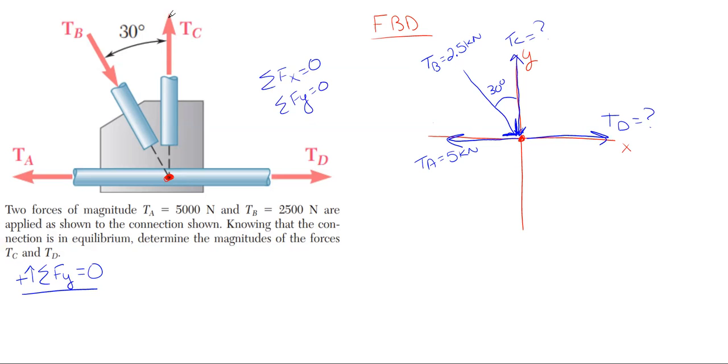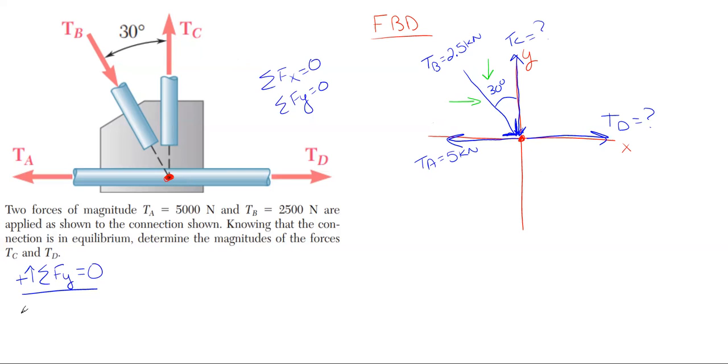T sub B is in between the x and y, so it will have an x component and a y component. Well, T sub B is going down and to the right, so its components will be down in the y direction and to the right for the x, because they have to match that general arrow direction of down and to the right.